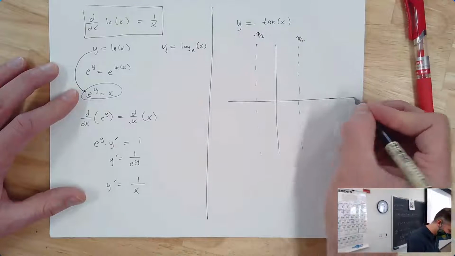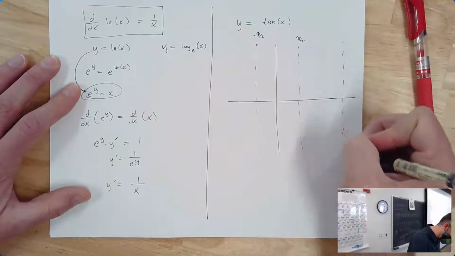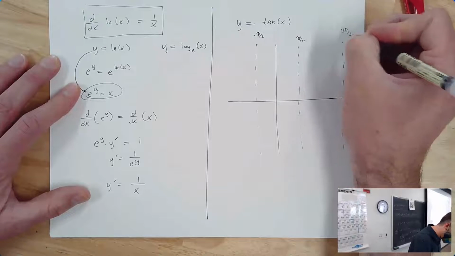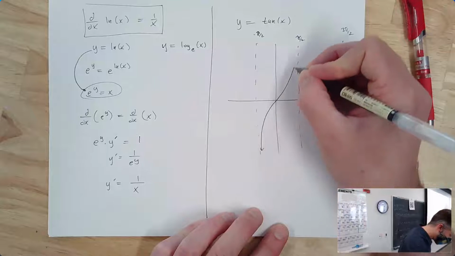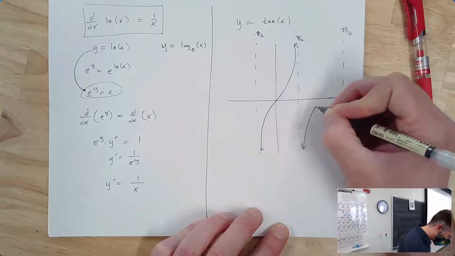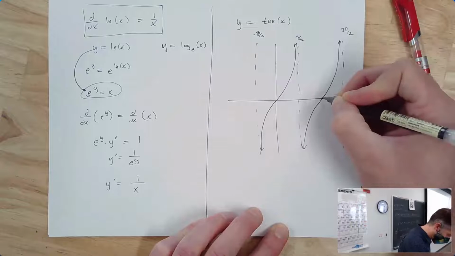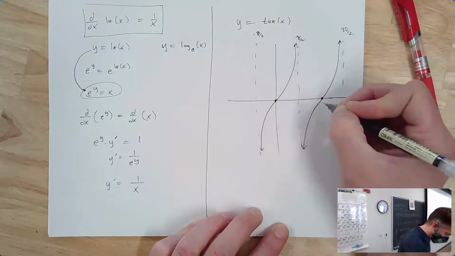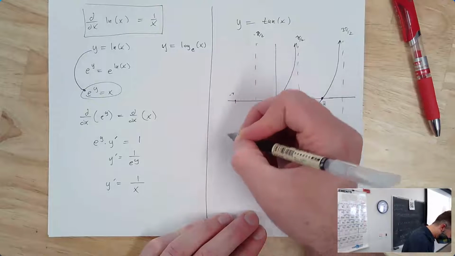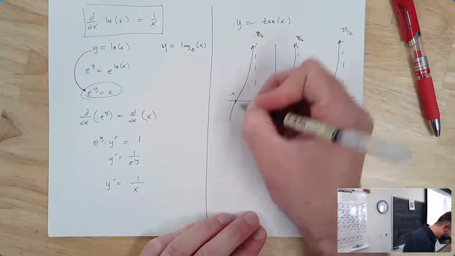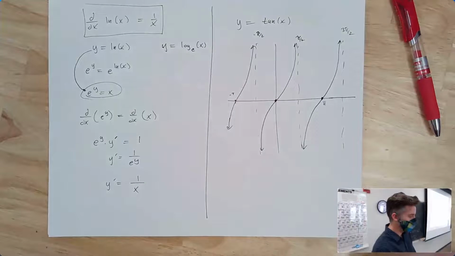So there's another vertical asymptote over here at 3 pi over 2, and so on. And the graph looks like this. And it intersects the x-axis at 0 and pi and negative pi over here. And so on and so on and so on.